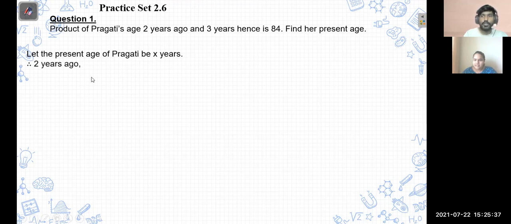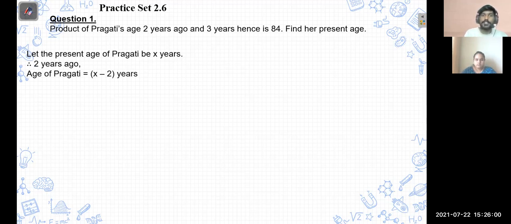Suppose your present age is 16, then 2 years ago your age is 14, so 16 minus 2. Present age x, minus 2. So the age of Pragati 2 years ago is x minus 2.